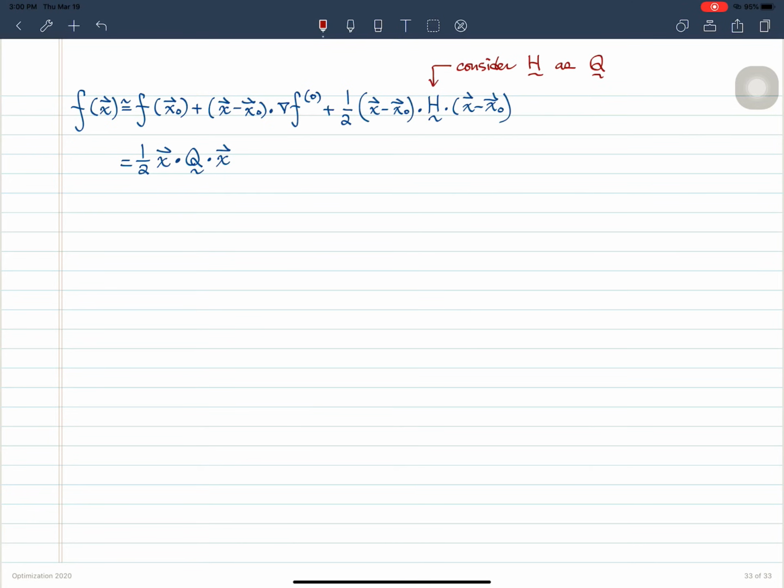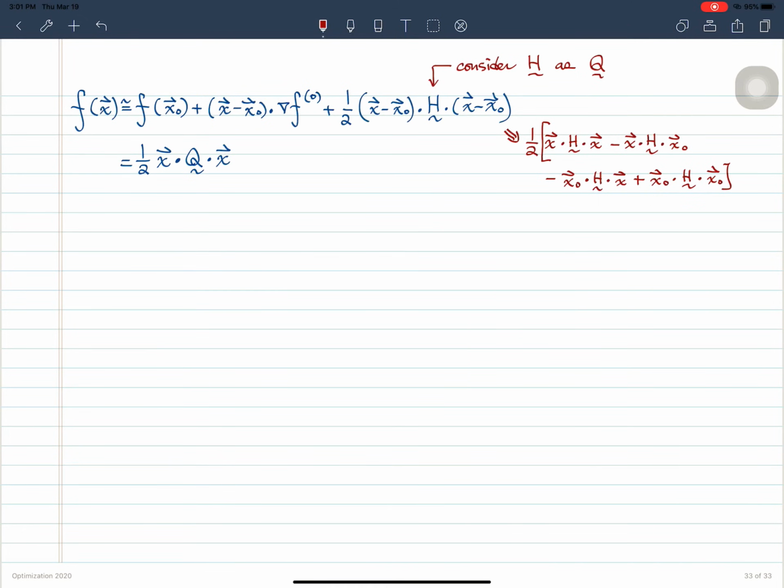So basically, if you expand this, right?